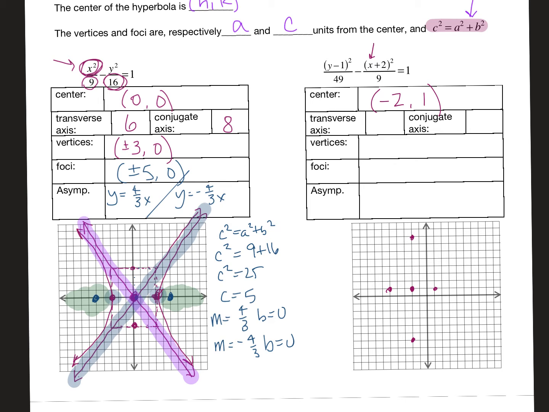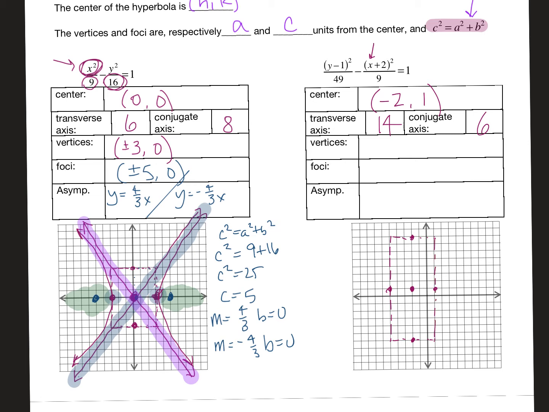Now that I've got those drawn out, I could probably name the transverse and the conjugate axis because I know this thing opens up and down. Since it opens up and down, I can tell that the top dot and the bottom dot are 14 units apart from each other, and that the left and right dots are 6 units away from each other. Let me draw in the rectangle so that I can then draw in the asymptotes.